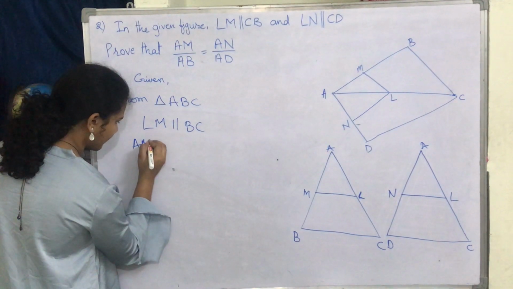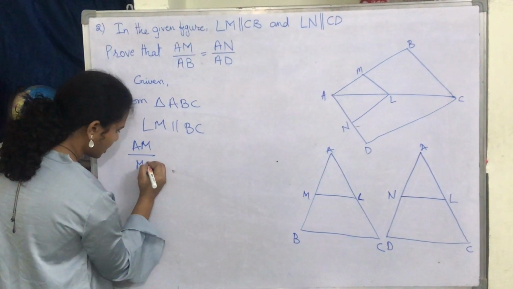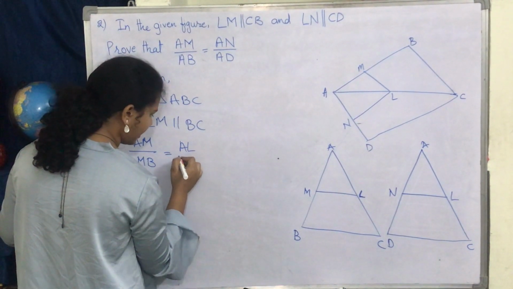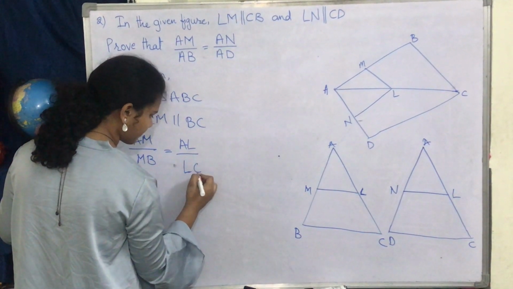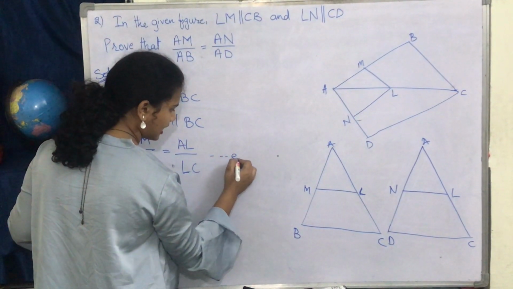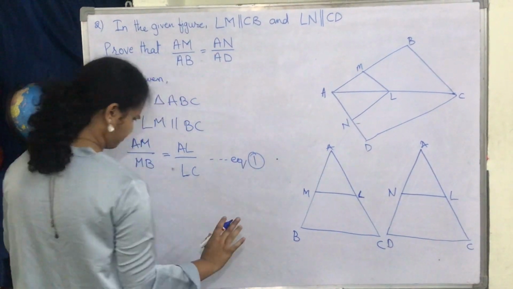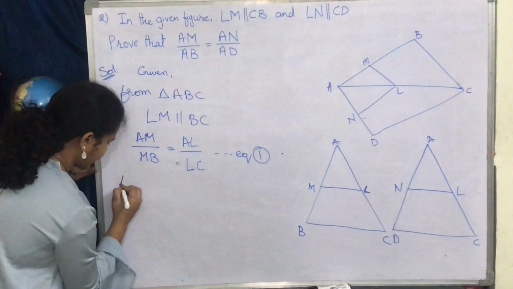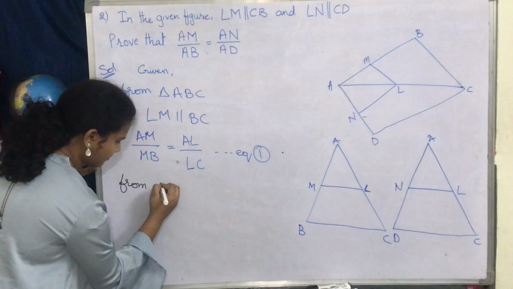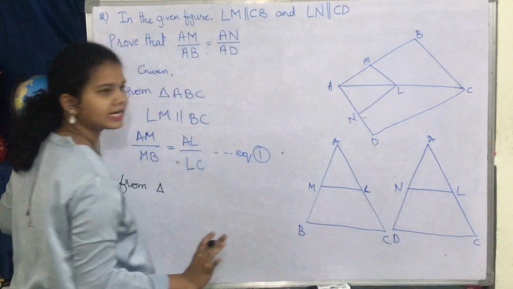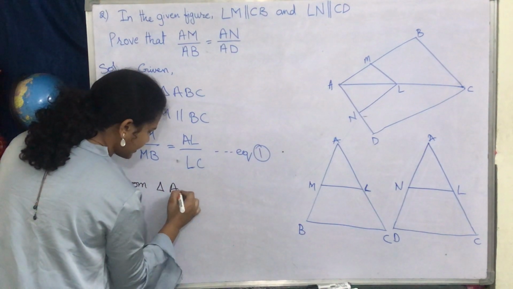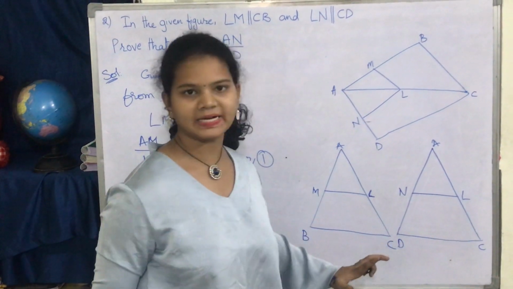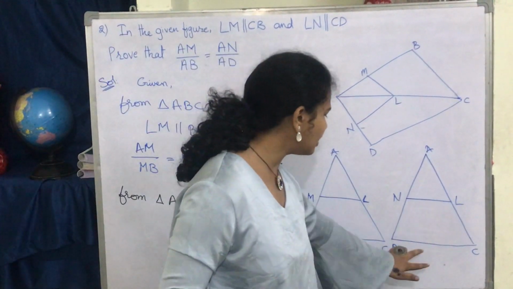AM by MB equals AL by LC. Let this be equation number 1, and just take the second one from triangle ACD. Here we have LN parallel to CD.